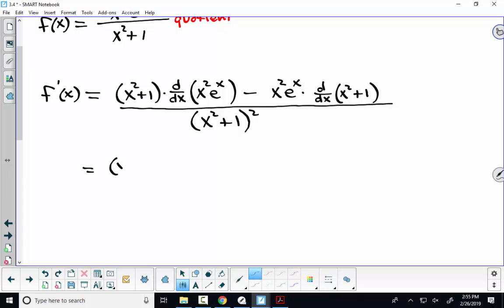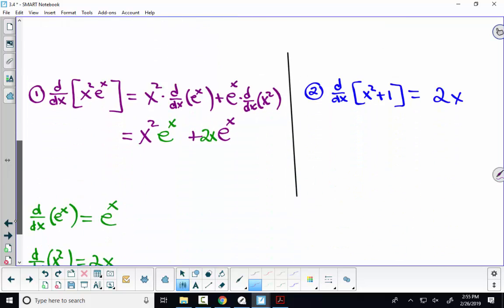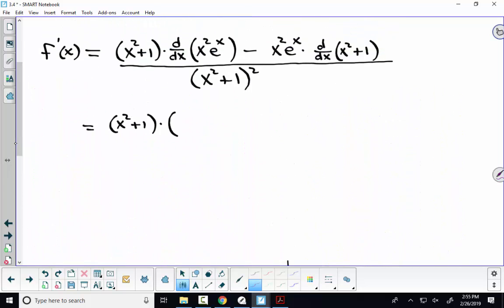Okay, so we have x squared plus 1 times the derivative of x squared e to the x, which was x squared e to the x plus 2x e to the x. So that's that. Minus our x squared e to the x times the derivative of x squared plus 1.